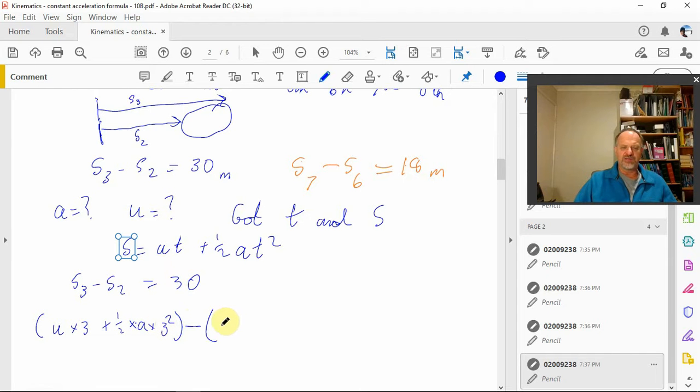And S2, when we subtract, that's u times 2 plus a half times a times 2 squared. And when we do that subtraction, we get 30. So let me put all this together. We've got 3u here plus 9 over 2 a, and then we're going to take away 2u, and we're going to take away 2 squared is 4, half of 4 is 2a, and that's 30.